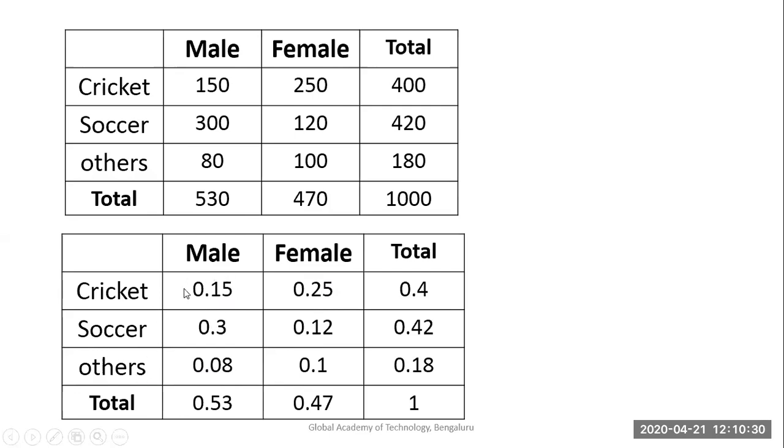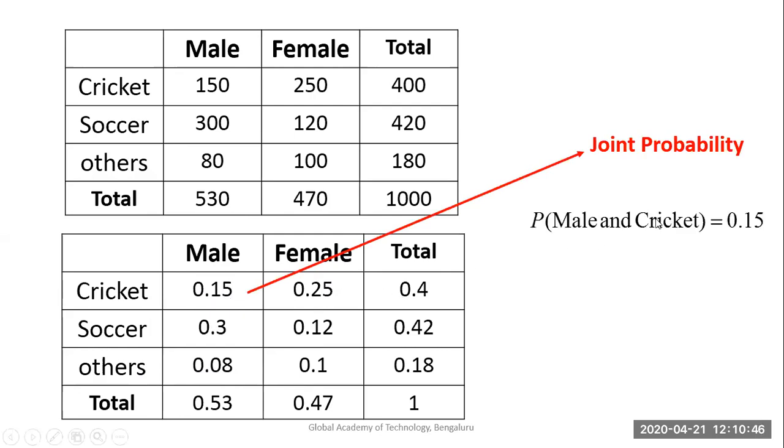Here, if you observe, 0.15 is the probability that a person is male and whose favorite sport is cricket. This probability we call the joint probability. P of male and cricket is 0.15.